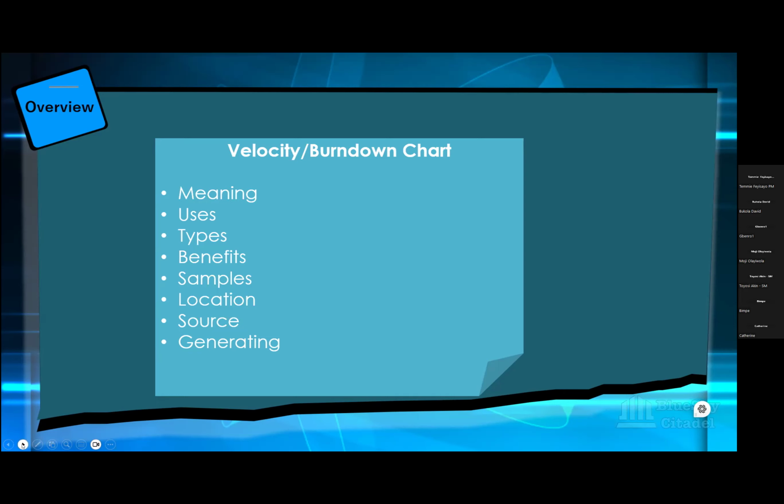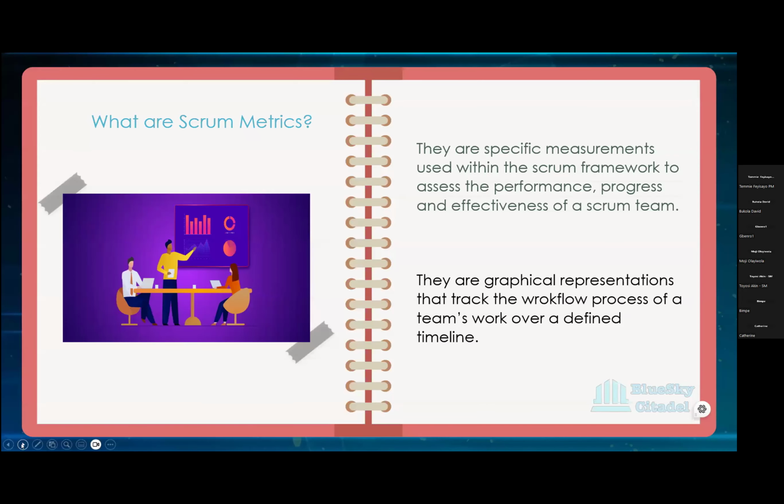Okay, so we want to start off by knowing what Scrum metrics means. Metrics on a normal day is simply a term that means measurement, what you use to get a measurement. It could be a ruler, a tape rule, or a scale.